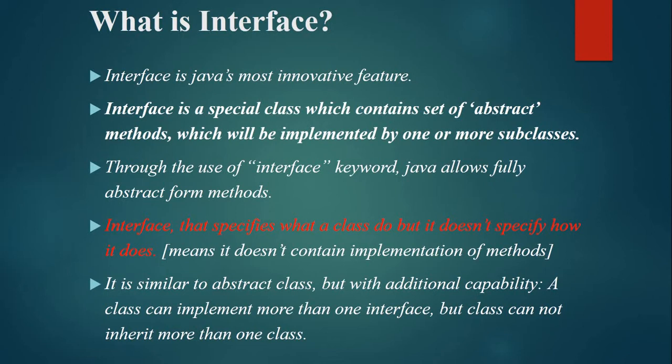It is similar to abstract classes, but with additional capabilities. A class can implement more than one interface, but a class cannot inherit more than one class. So this was our limitation in inheritance. One class can inherit only one class, but with interface, one class can implement any number of interfaces.